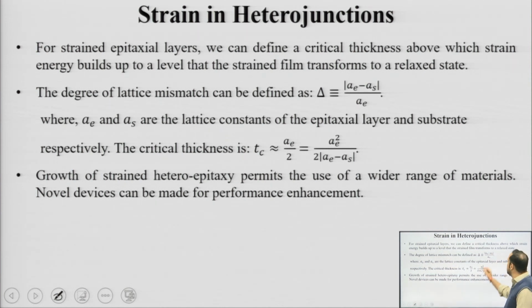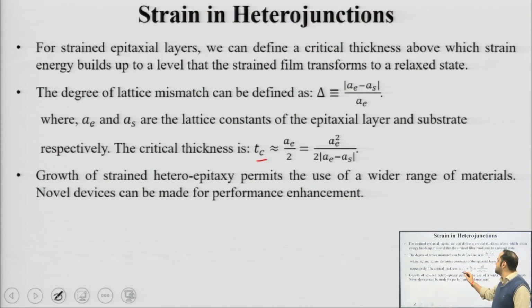So, lattice constant of the epitaxial layer minus that of substrate divided by the lattice constant of the epitaxial layer, that is the degree of mismatch. Half of the lattice constant of the epitaxial layer, that much thickness you need to have. So, this is the critical thickness.